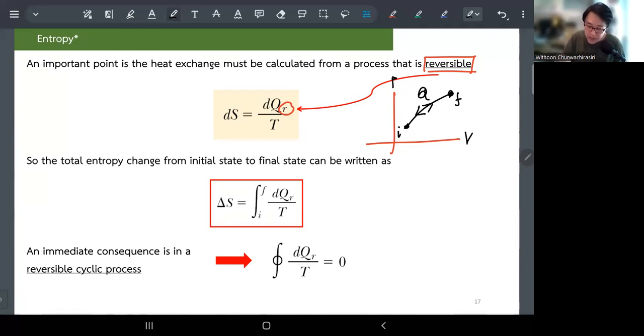If you can draw that, calculate heat from that, and then take heat divided by temperature at each step, do the calculation, you will get the entropy change. So what does this mean? It means if someone else wants to go another way, I don't care. You can calculate heat. It could be a different value of the heat now, but as long as you take the ratio between the heat and the temperature, you will get exactly the same delta S. Isn't that amazing? Okay. Wow.